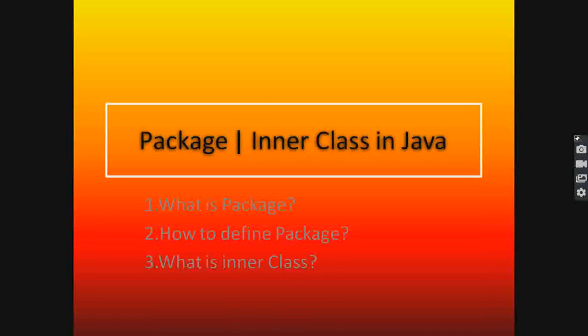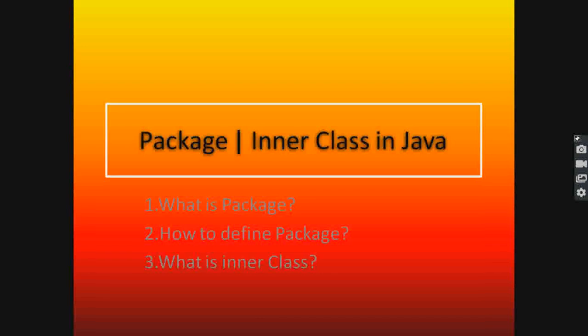Inside a class A, we want to define a class within this class A. That class can be a static class or a non-static class. If it is a static class, we say static nested class.